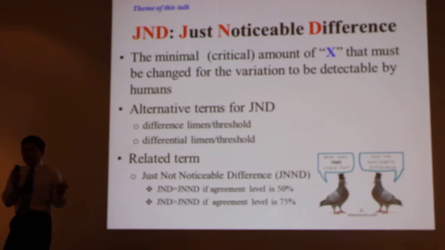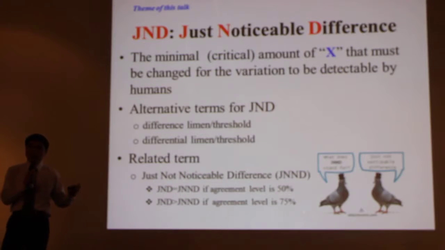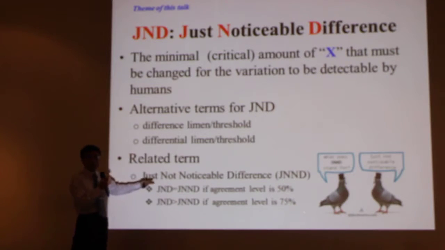This is very related to JND because all the concepts here relate to human perception. So if we set the human perception agreement level at 50% to be noticed or 50% to not be noticed, then these two terms are equivalent.